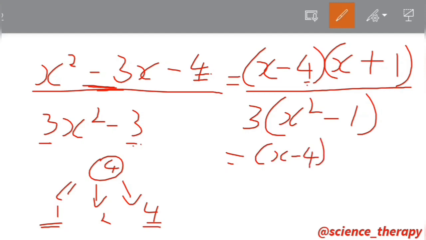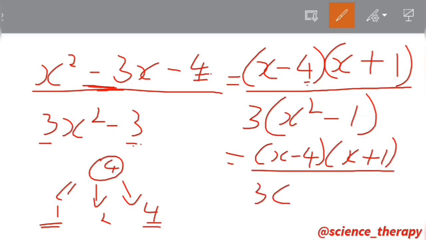Taking the numerator as it is, let's now factorize this difference of two squares, x squared minus 1. It gives us x minus 1 and x plus 1. Now we can see that the common factor between the numerator and denominator is x plus 1.